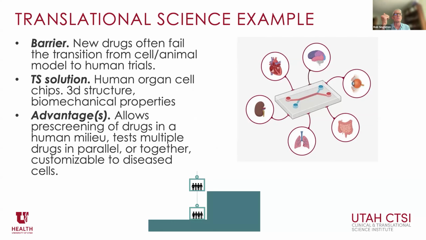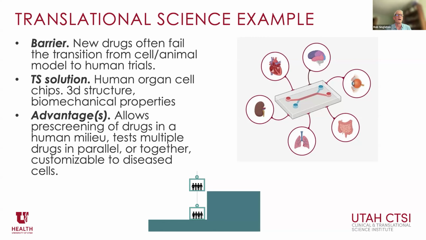And one example of a translational science solution is this human organelle cell chip, which has three-dimensional multicellular biomechanical properties in order to model different organ systems, the eye and the lung, in order to test drugs in those human cells before making a transition to human research.